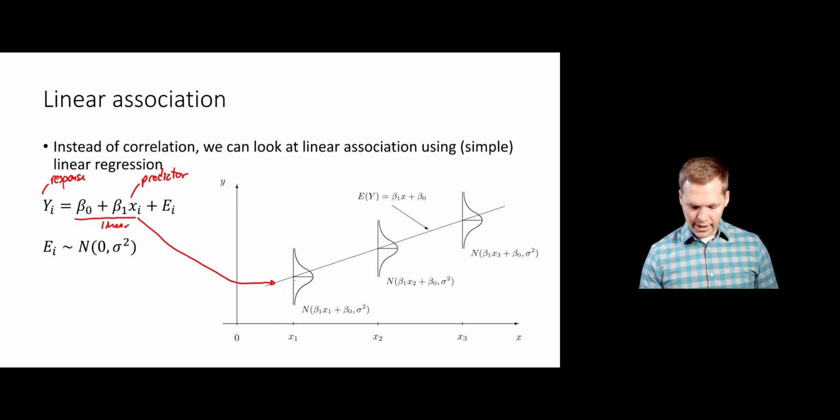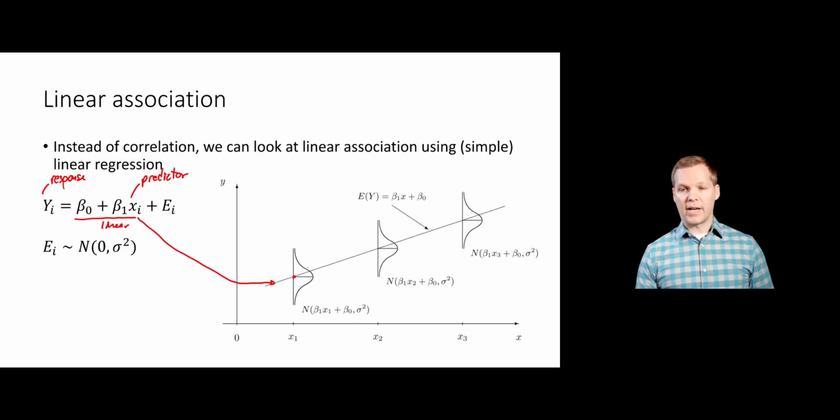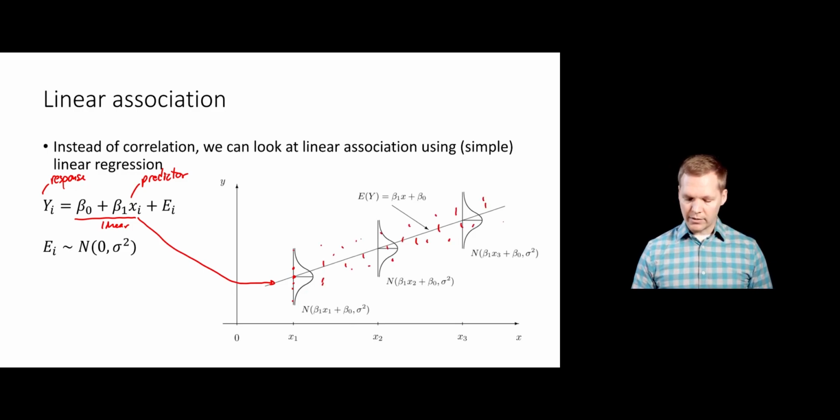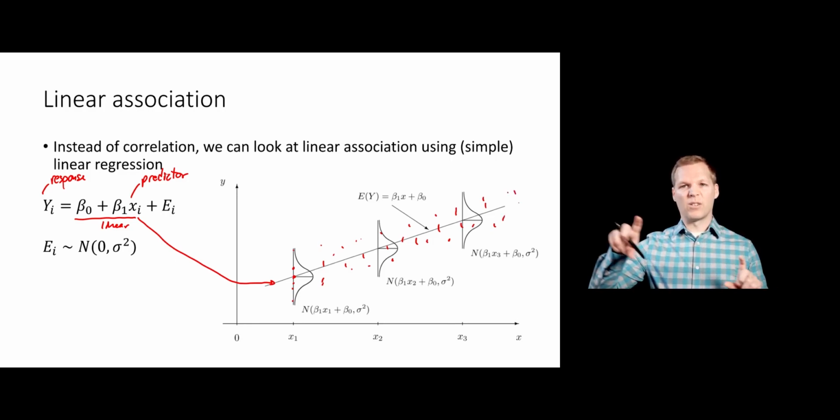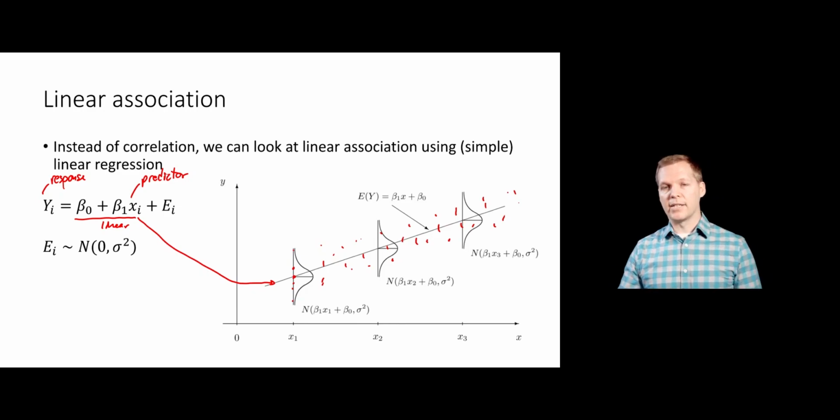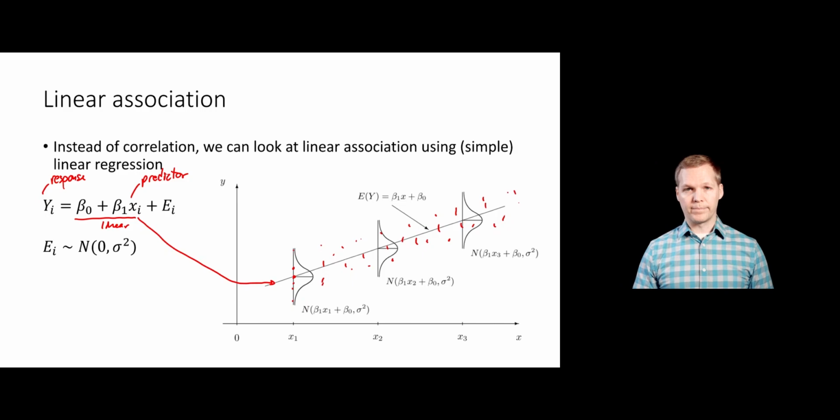If I observe a value of y at x1, I'm not always going to observe it right here at the mean of the distribution, but I might observe some values out here, some values out here, and very rarely I might get a value out towards the tail of that distribution. And what you end up getting, if you had a whole bunch of points, is something that looks roughly like that, right? We have a scatter plot where our data follows roughly the same spread across the whole line, but it is observed in some sort of linear pattern.